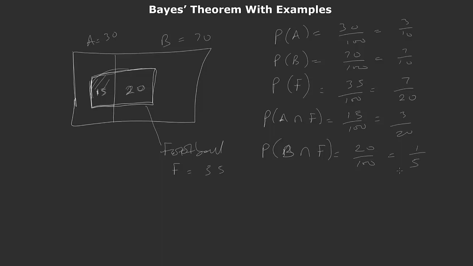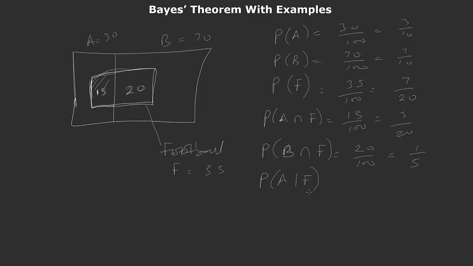So next, what about the probability of A given that the person loves football? What this means is, if you pick a student and the student has revealed that he or she is a lover of football, what's the probability that that student belongs to class A?